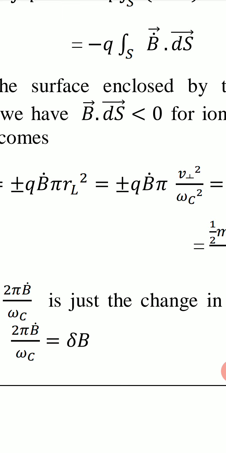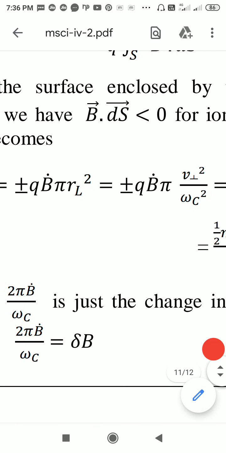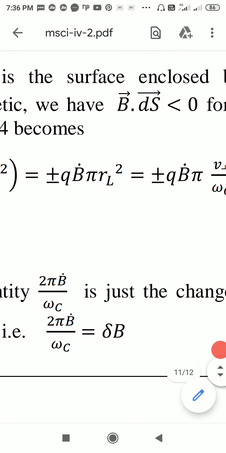Pi r L square is the area enclosed by the closed Larmor orbit. r L is the radius of this circular orbit. It is known as the Larmor radius. So this integral will become B dot into pi r L square. Pi r L square is the total area.